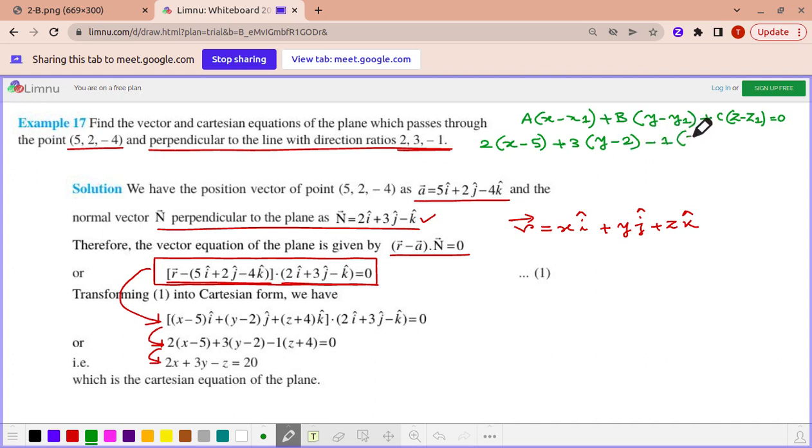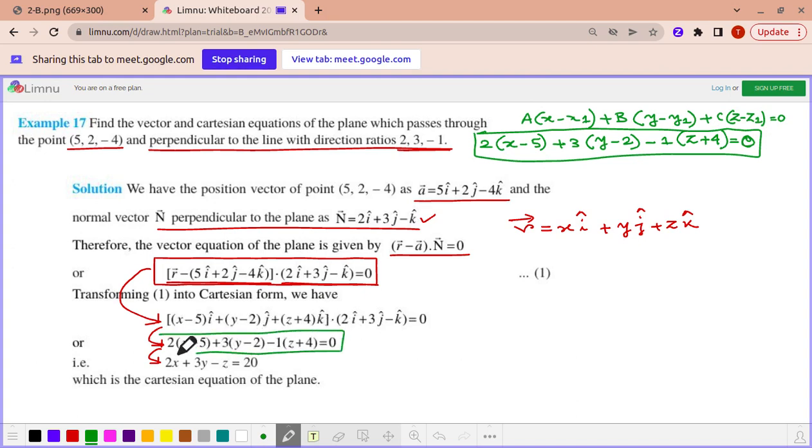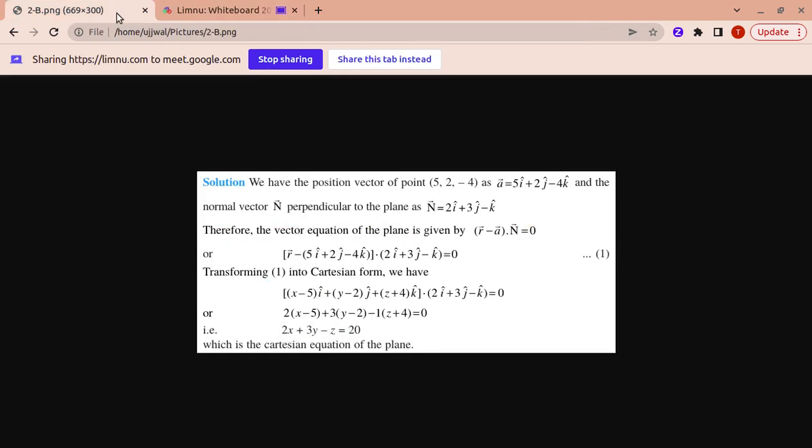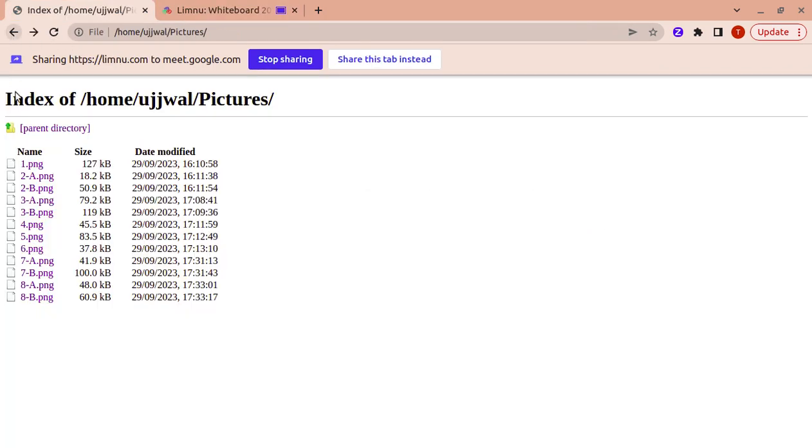So z minus minus 4, that means z plus 4, that is equal to 0. Now if you look into this equation, whatever I have written and this equation, both are same. Okay, so this is the way also you can proceed. Now dear students, let's proceed further.